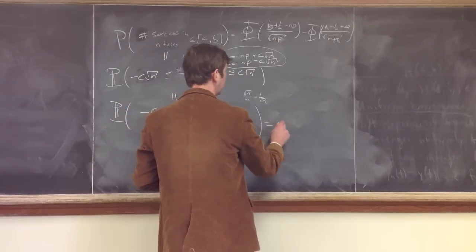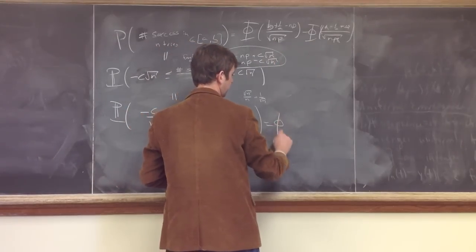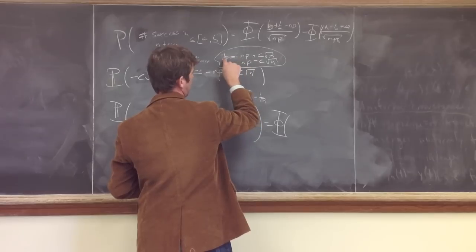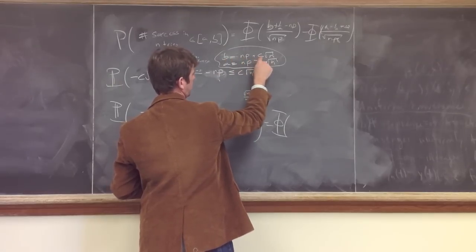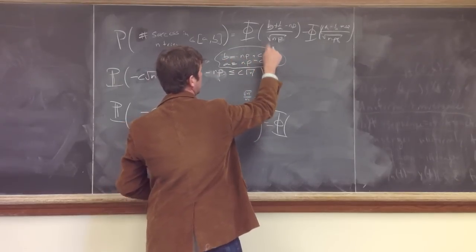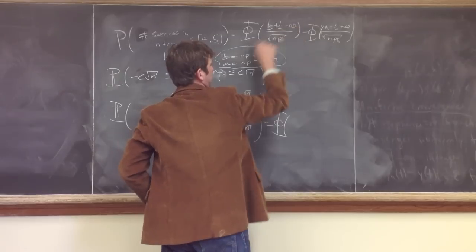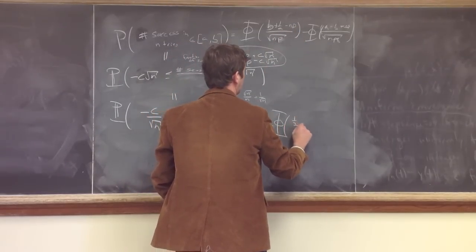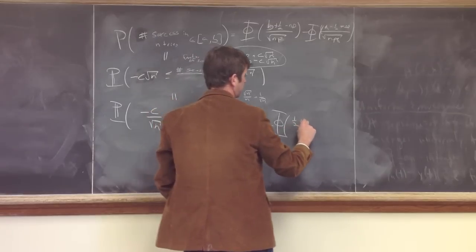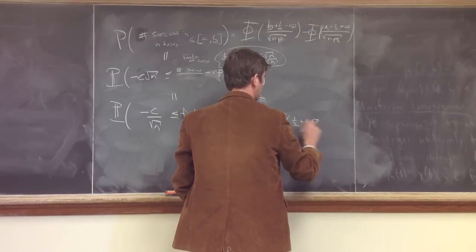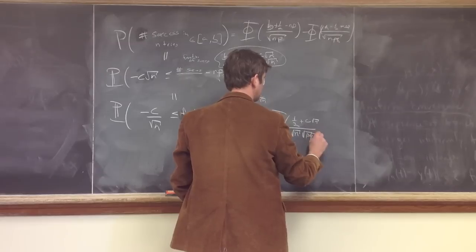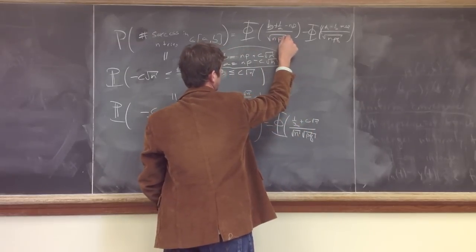is equal to, well, let's plug those choices in now. The first choice is I put b in for np plus c square root of n. If I do that, the np's cancel, and I'm left with 1/2 plus c square root of n over square root of n square root of pq, which is the denominator down here.